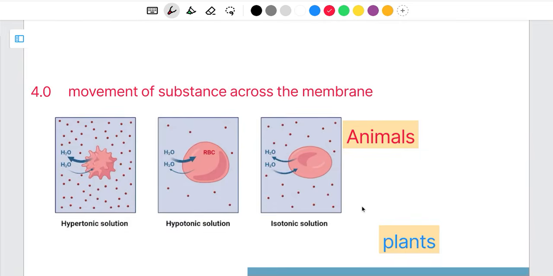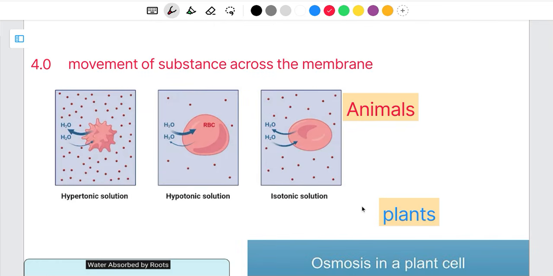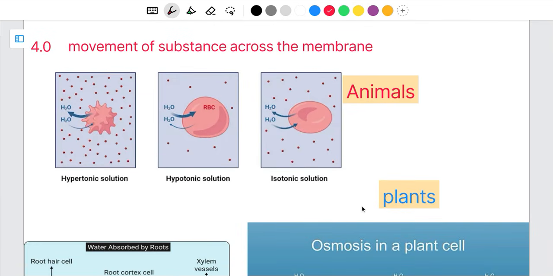Then we have the second one, which is about the movement of substances across the membrane. So we have the animal as well as the plant. You have to know the types of solutions and what will happen when you place a certain cell, for example an animal cell, which is a red blood cell, in hypertonic solution, as well as isotonic solution. When you place it in hypertonic solution, it is going to lose water and shrink by osmosis.